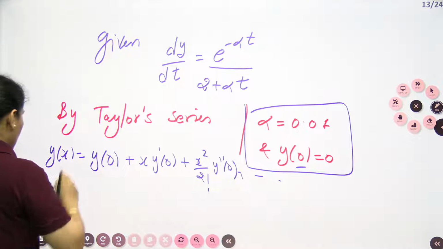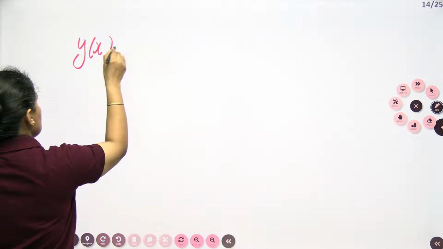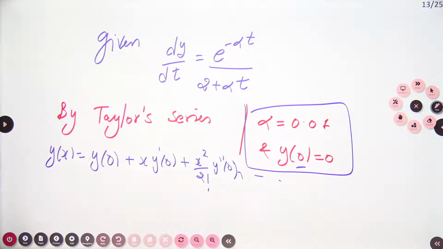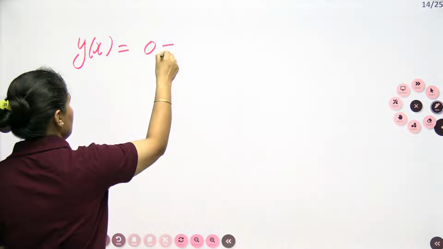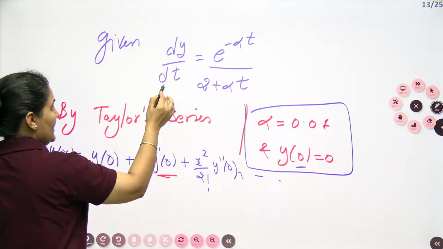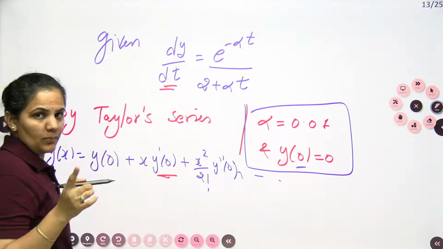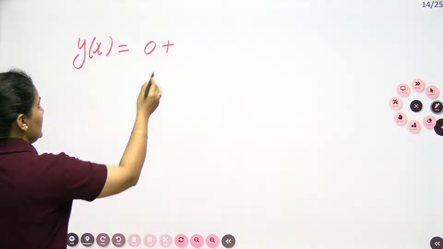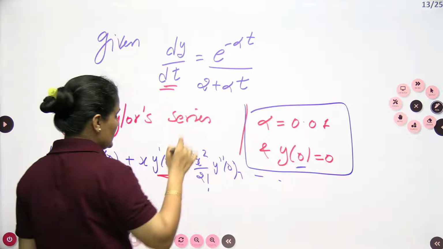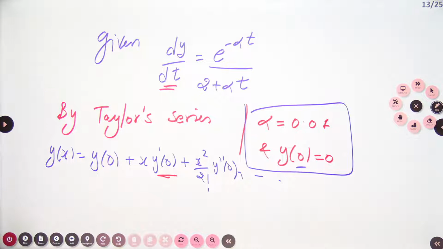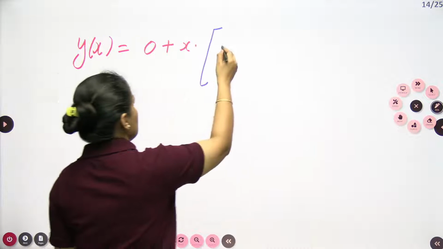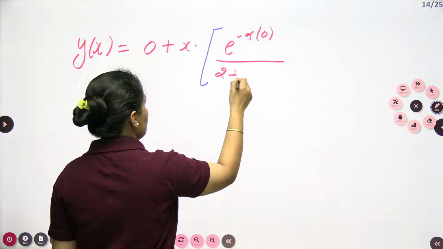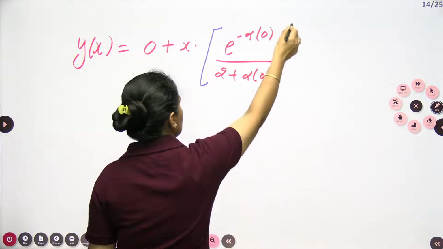So I will go with y(x) equals y(0). y(0) is your initial value, which is already given as 0. So you will write the value 0 here, and for y dash 0, in this function we will put t equals 0. So let me write x, and in this one I will put t equals 0. So this is e to the power minus alpha 0 divided by 2 plus alpha into 0.